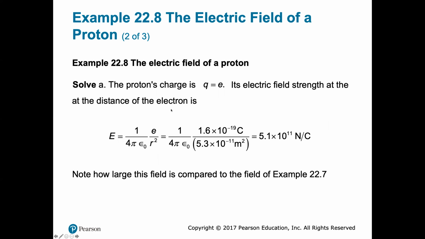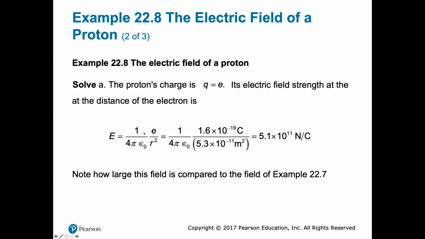First, let's calculate the field. The electric field E equals 1 over 4 pi epsilon 0 times charge over distance squared. The charge is e, the unit charge, which is 1.6 times 10 to the -19 coulombs. And R is the distance, given in the problem.